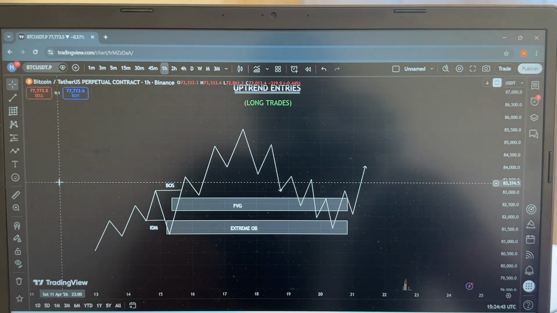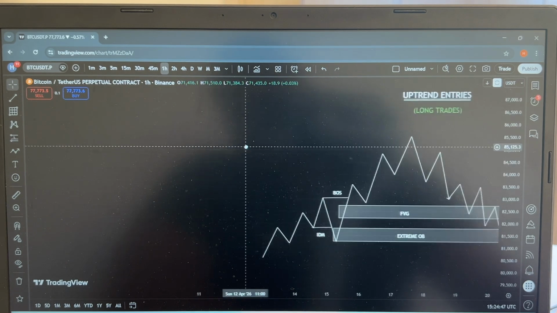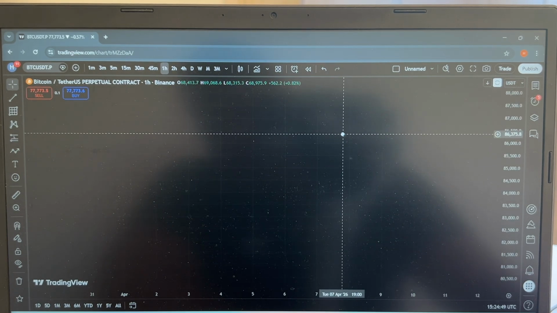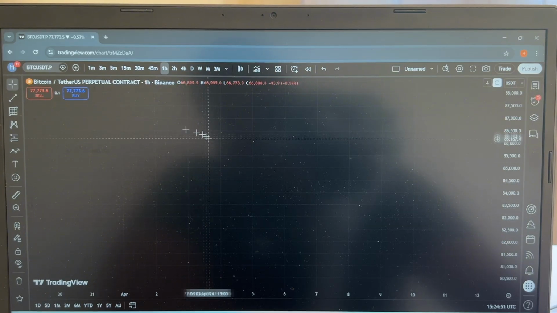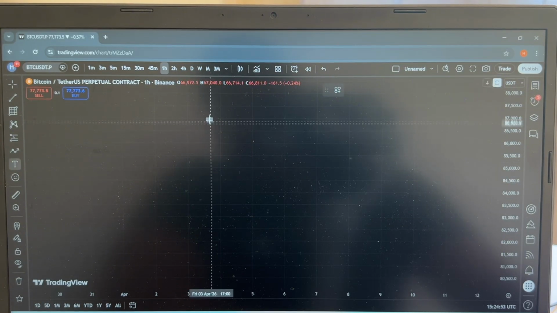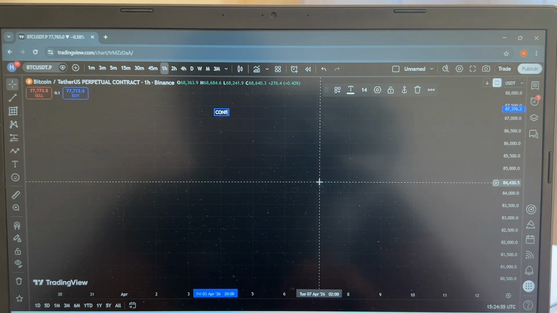And lastly, let me show you guys where to find the confirmation levels in each and every higher time frame. So, confirmation levels, time frames.